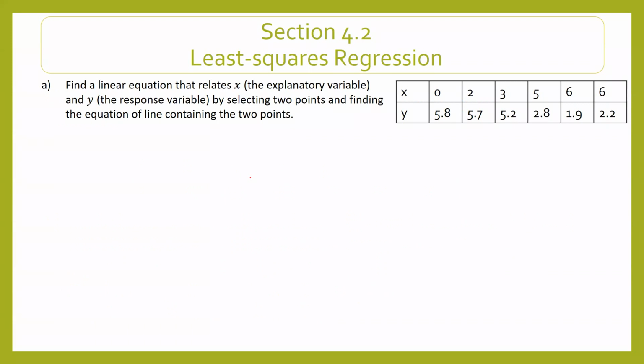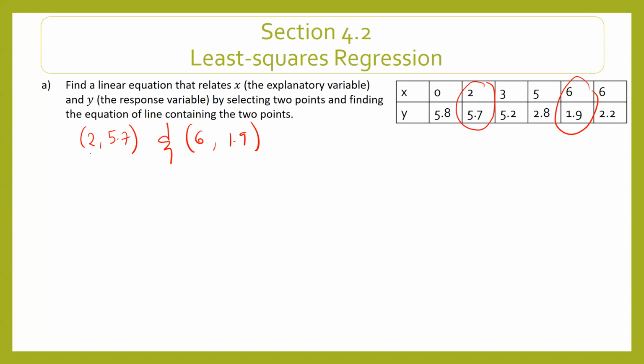All right, so very quickly, let me find the equation. You can choose any points you like. I would just like to work with 2 and 5.7, and then 6 and 1.9. So 2, 5.7 is the first point, and 6, 1.9 is the second point.